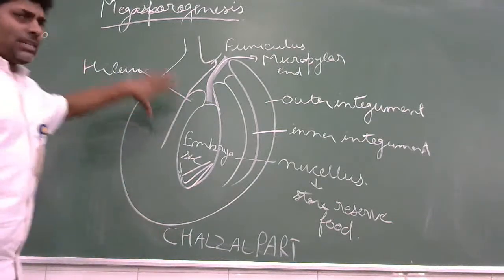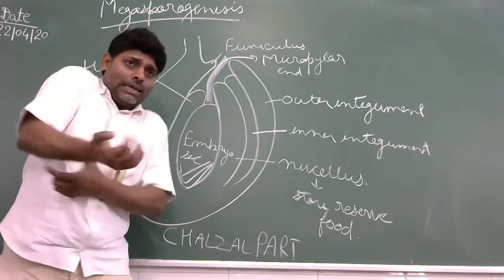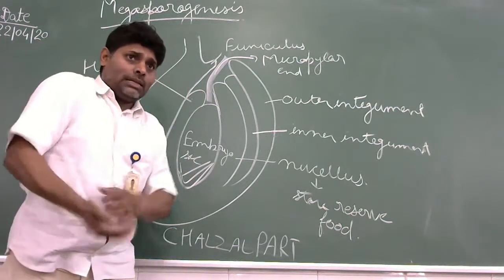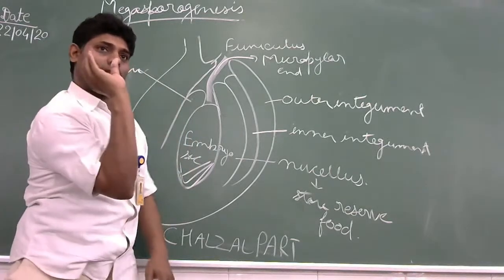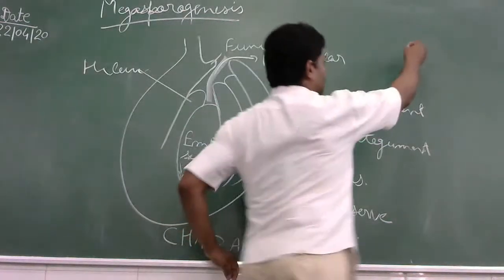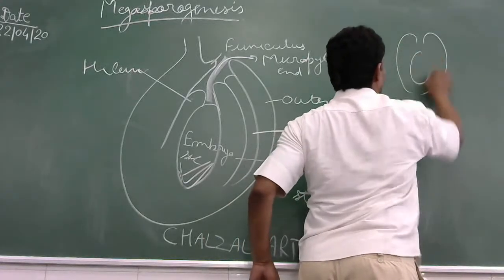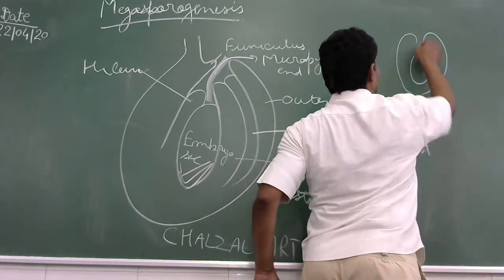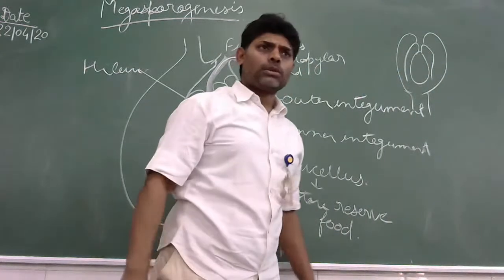Further, we are seeing here that it is looking like an inverted shape, right? It may be just like this shape. Okay, it may be like this shape. It means this is orthotropous.